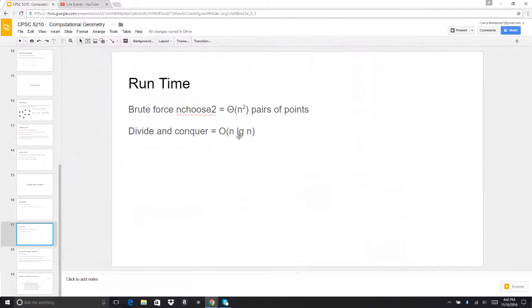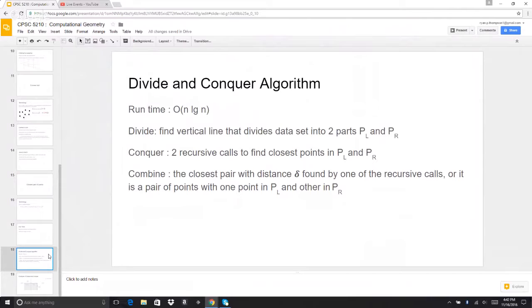So what is the divide and conquer method? It is very similar to an approach from merge sort, where we have a base set and divide in 2. Take the next set, divide in 2. Because it's a very similar approach to merge sort, it shares the same runtime. So let's look at divide and conquer a little deeper. Again, the runtime is O(n log n).